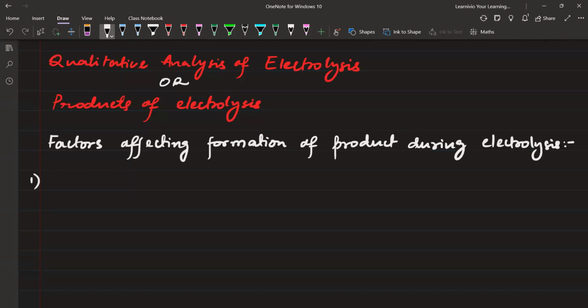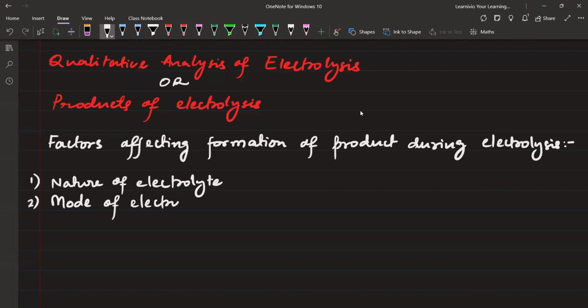Number one is the nature of electrolyte. Meaning whether you are taking NaCl or you are taking CaCl2. What electrolyte you are taking, according to that, the product is going to be formed. Secondly, mode of electrolyte. Whether you are taking molten state or you are taking aqueous state.